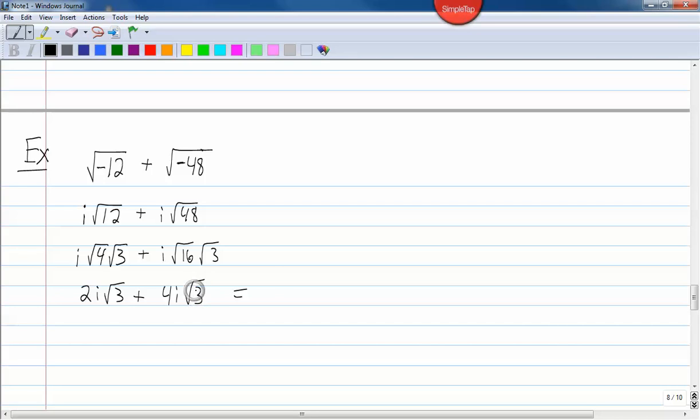Now, when radicals are exactly the same, then you treat them like variables. Okay? So I want to either add or subtract the numbers in the front and then just write the same radical behind it. So this is going to be 2i plus 4i. That's 6i times the square root of 3.